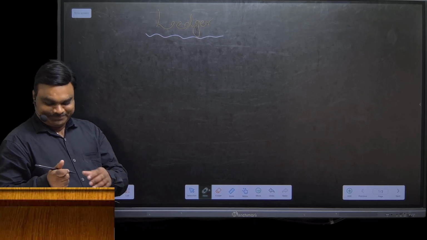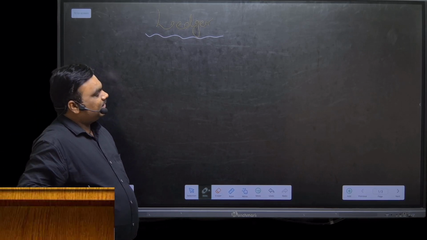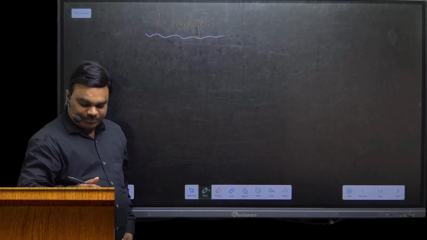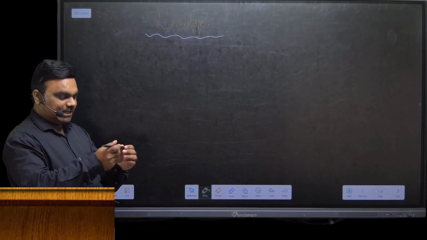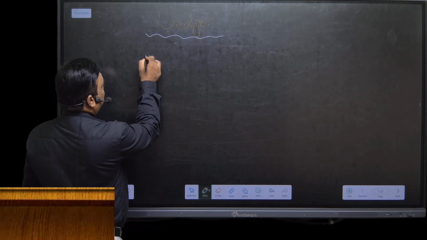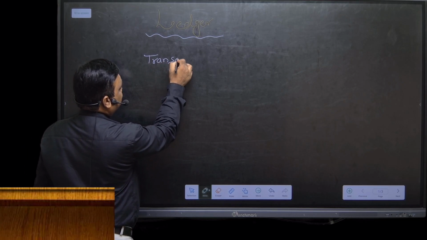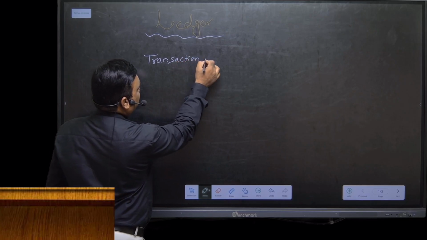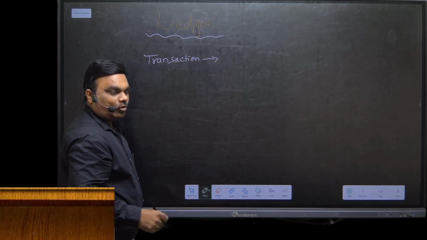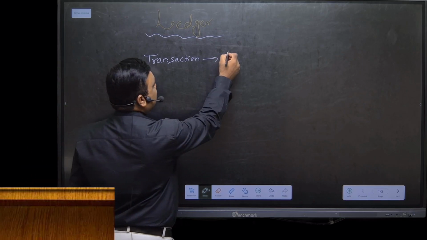Hello, friends. Today we are going to begin with this chapter, ledger account. But before starting ledger account, I would like to tell you the sequence of recording a transaction. As you all know, all the business transactions are first to be recorded into journal.